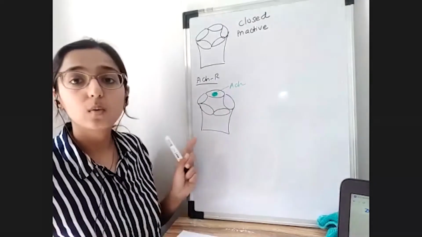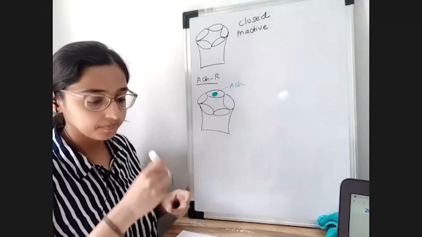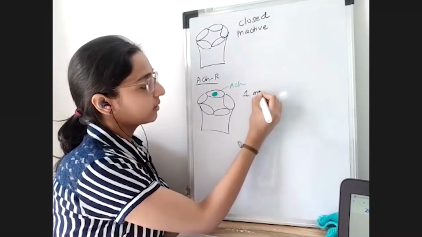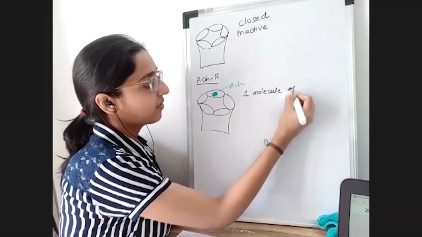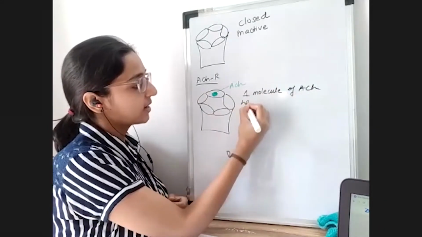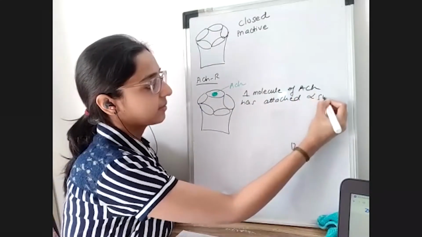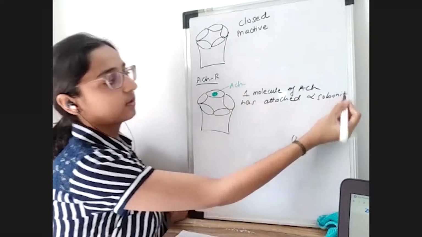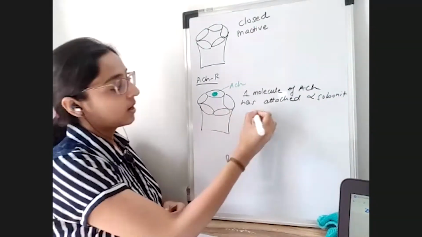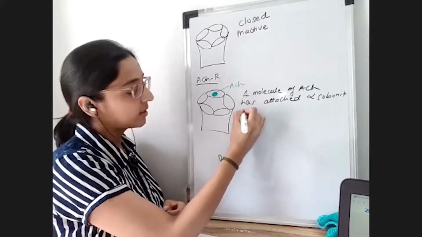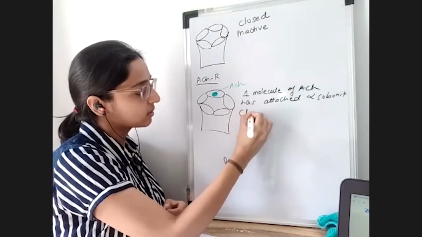This receptor will not open. One molecule of acetylcholine has attached to the alpha subunit, and the channel will still remain closed.